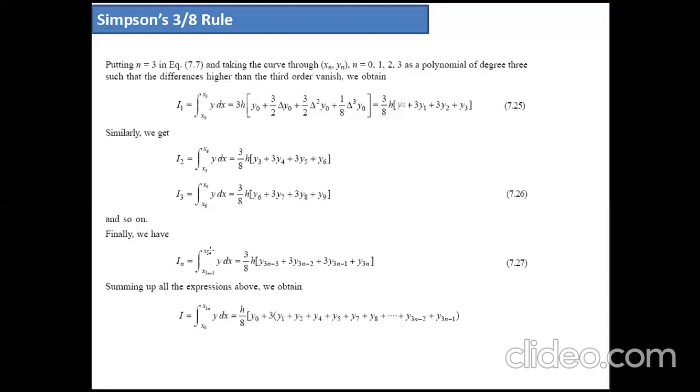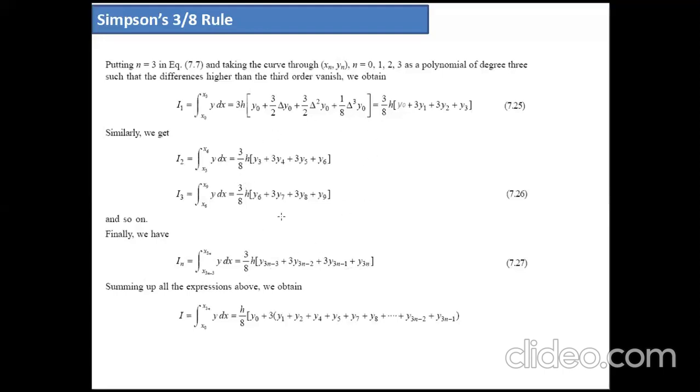That's why the last point is x3n, not xn. So it will start from x3n minus 3 to x3n, and this will be equal to 3 by 8h into y3n minus 3 plus 3y3n minus 2 plus 3y3n minus 1 plus y3n. So these are the integrals.